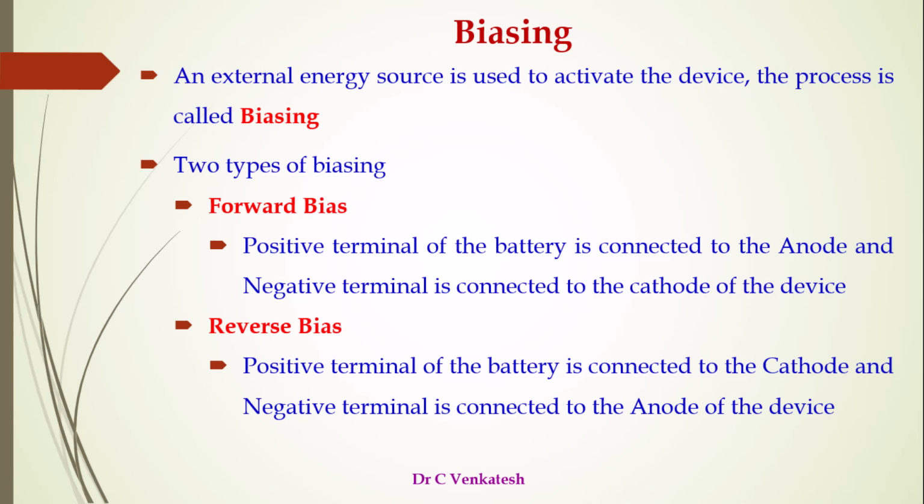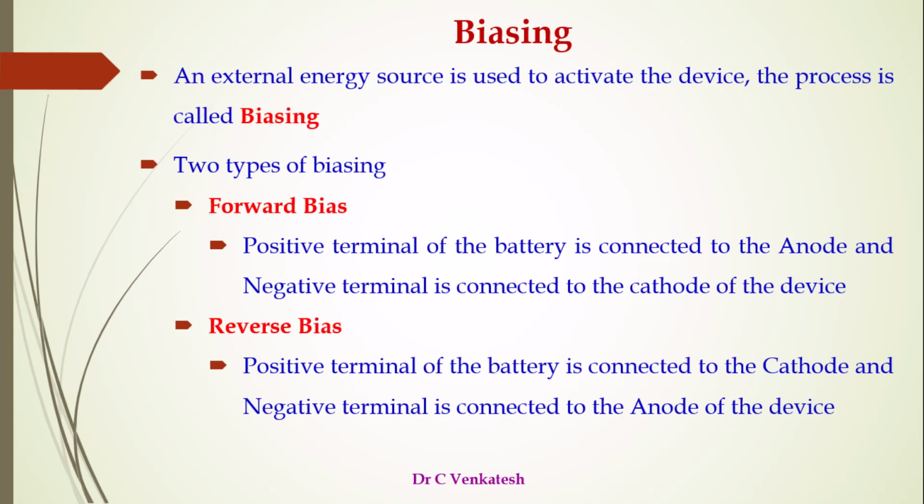Forward bias means when a positive terminal of the battery is connected to the positive electrode, that is anode, and negative terminal of the battery is connected to the cathode, that is negative terminal of the device, then that connection is called forward biasing connection.